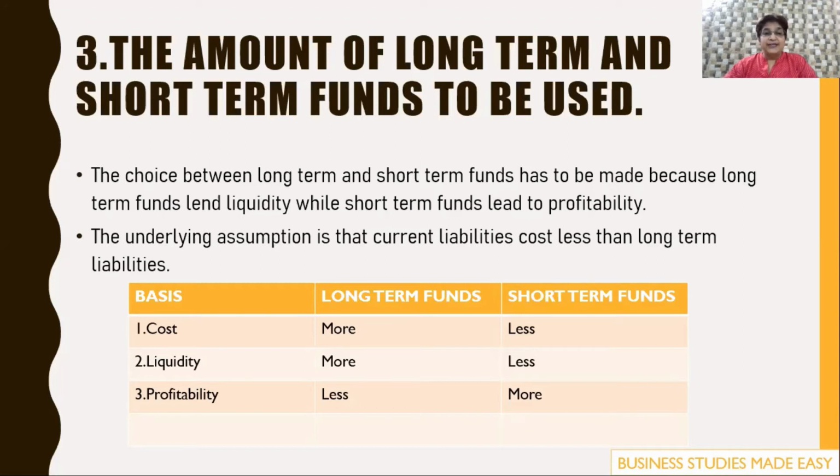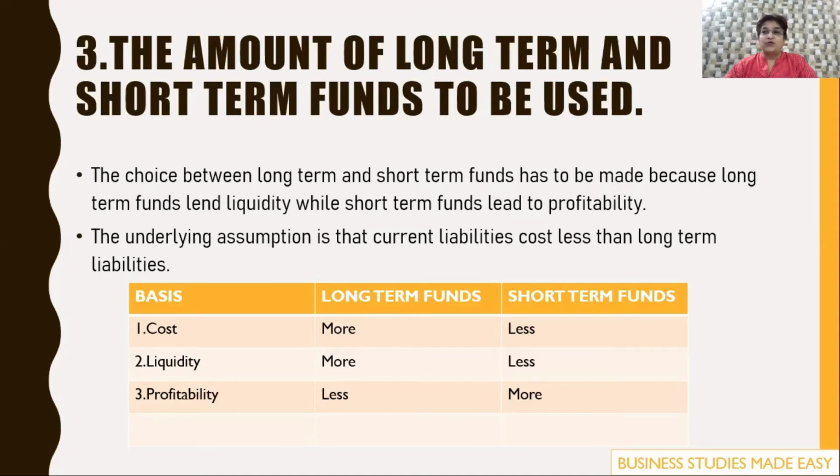Now, the second point is liquidity. Suppose a finance manager has taken this loan of 10 lakhs to be repaid over a period of 10 years. That means he has to repay 1 lakh every year plus interest. So the burden on the company is only 1 lakh per year. But suppose he has taken a short-term or a medium-term loan of, let us say, 2 years. So 10 lakhs has to be returned in 2 years. That means 5 lakh plus interest.